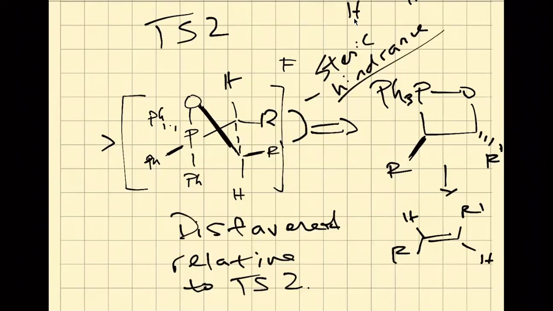If the ylide is stabilized, meaning it has an electron-withdrawing group on it, then the outcome is going to be different, right? For different types of substrates. So we're going to pick this up on Wednesday.